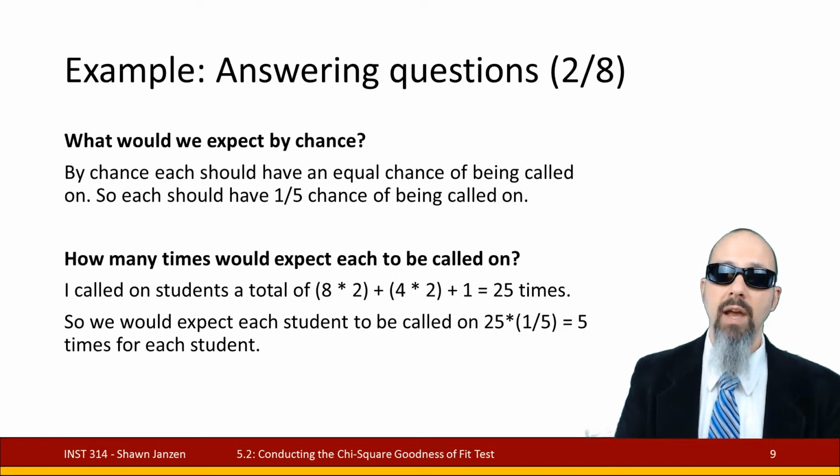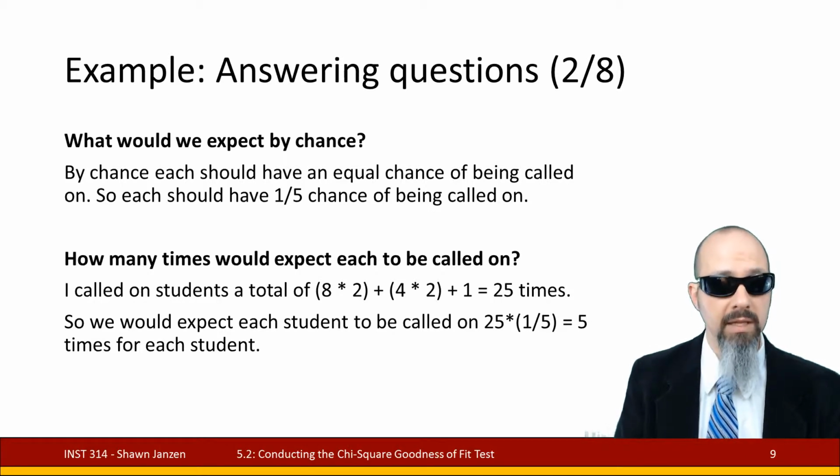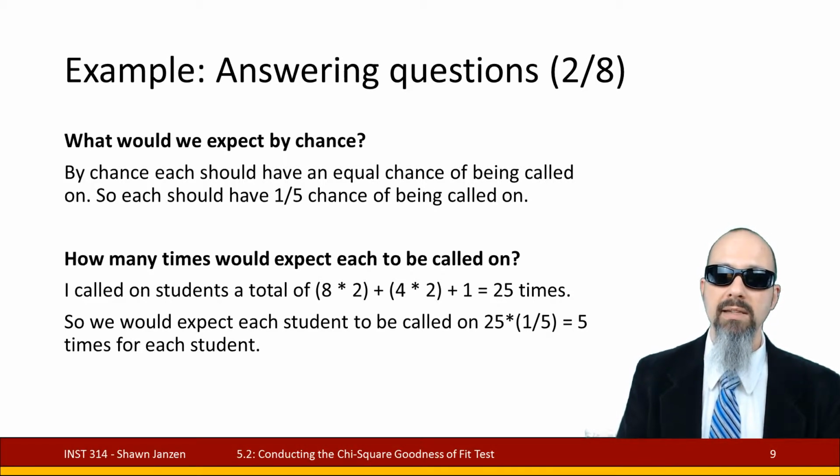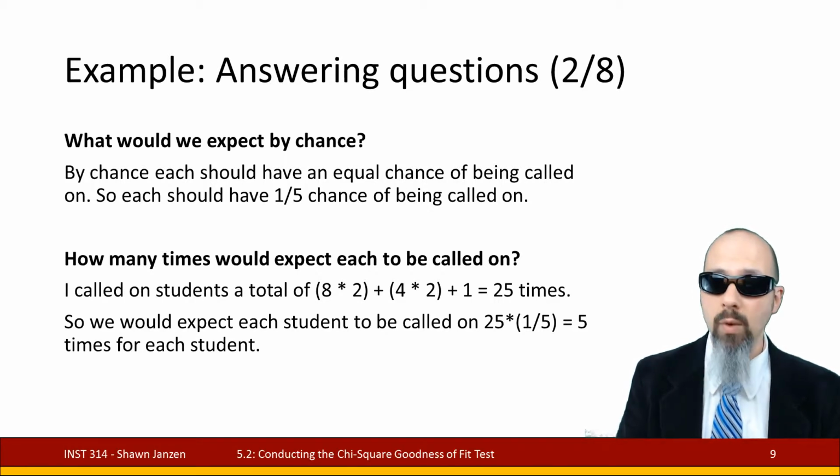So let's go ahead and figure this out using a chi-square. If we were expecting them by chance, each student should have an equal chance of being called upon in this particular example, so that gives them a chance probability of 1 out of 5. In that case, how many times would each student have been expected to have been called upon? Well, I called on the students a total of 25 times.